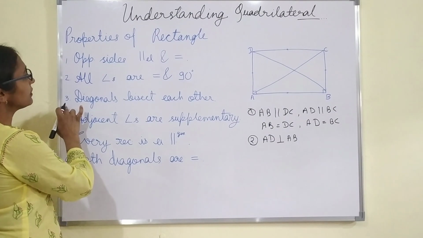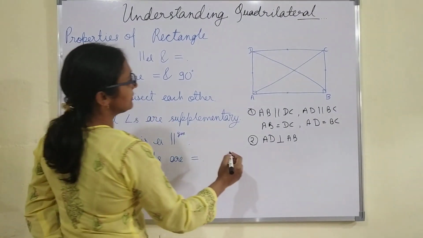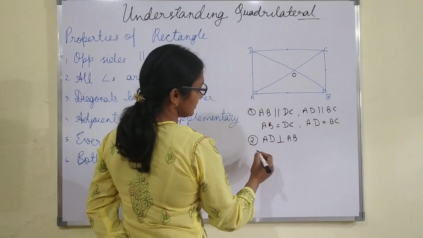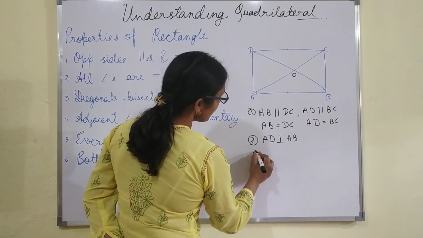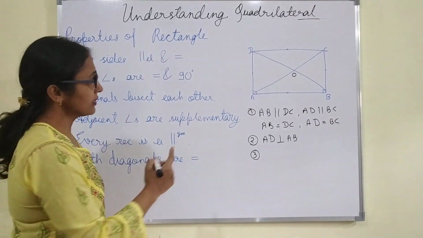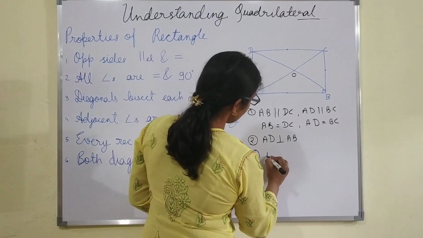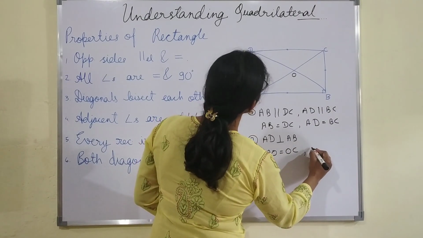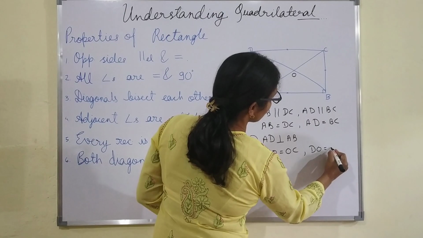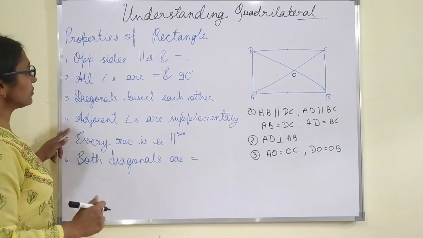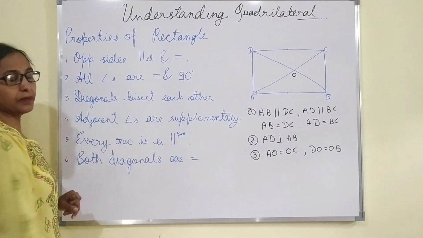Okay. Now, third is diagonals bisect each other. Since it is a parallelogram, the diagonals bisect each other, and here the diagonals are equal also. AO equals OC and DO equals OB. Okay. Now, fourth is adjacent angles are supplementary.